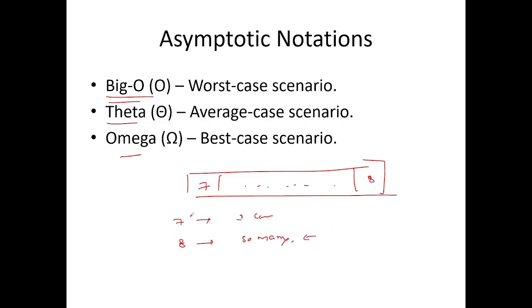This first scenario is the best case scenario: whichever element you search, you get it in the first chance itself. In the second scenario, you have to do so many operations to get that particular element, so it is the worst case scenario. Okay, you will see how these representations are given to a particular algorithm.